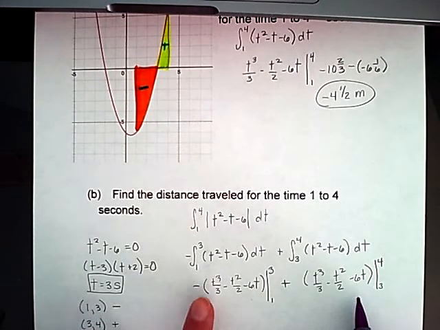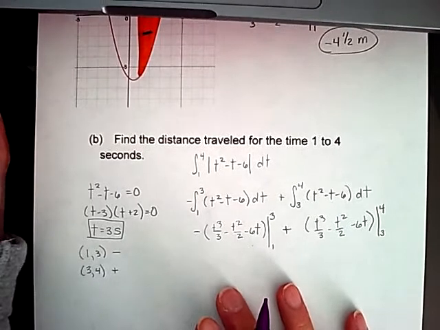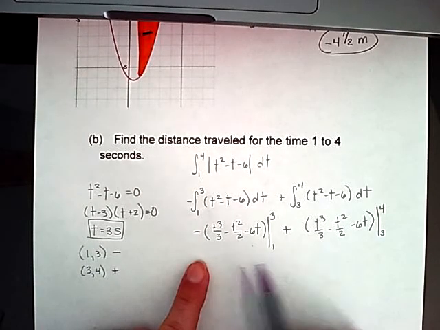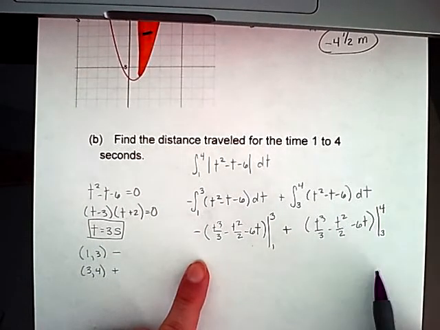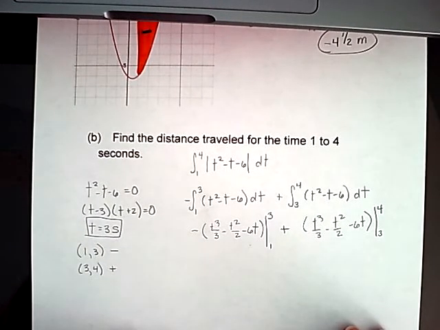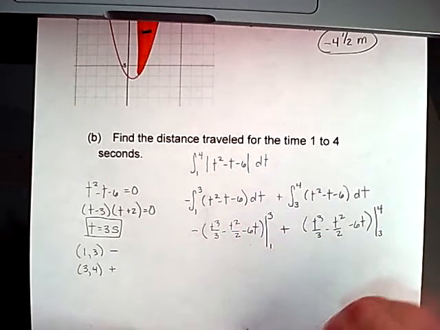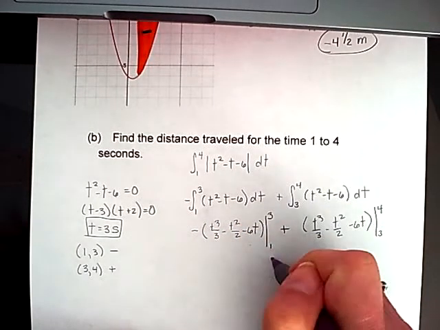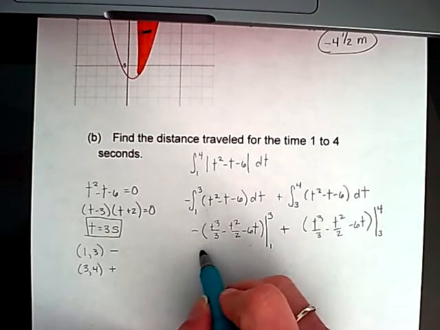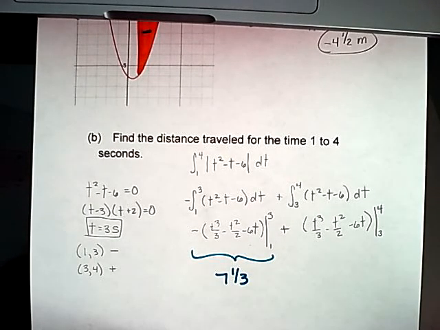When I run all these numbers, this is where you've got to be real careful, because you're going to have a lot of values going on, since you have to plug in your f of 3, your f of 1, your f of 4, your f of 3. But after you do all of those calculations, for the first piece, you get a negative 7 1/3, but you're going to negate that, and this gives us 7 1/3.